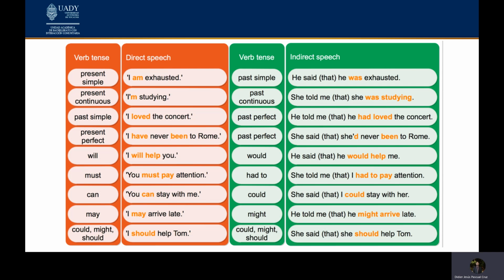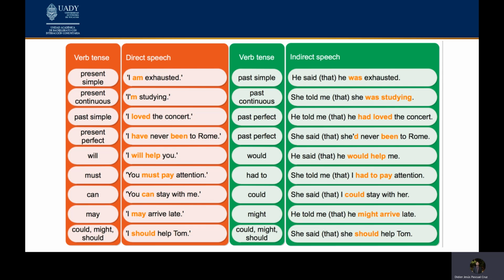And for this, we need to use the phrases he said or she said, the verb say and the verb tell, or she told me or she told us. And you're going to use these phrases to introduce your idea, and depending on the verb tense they are written or they were said in that moment, you're going to change it to create a correct sentence.